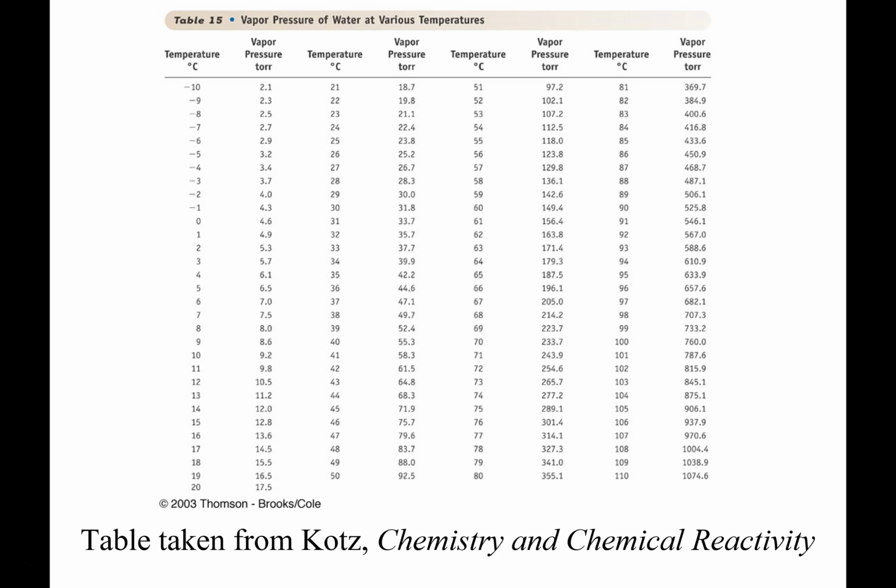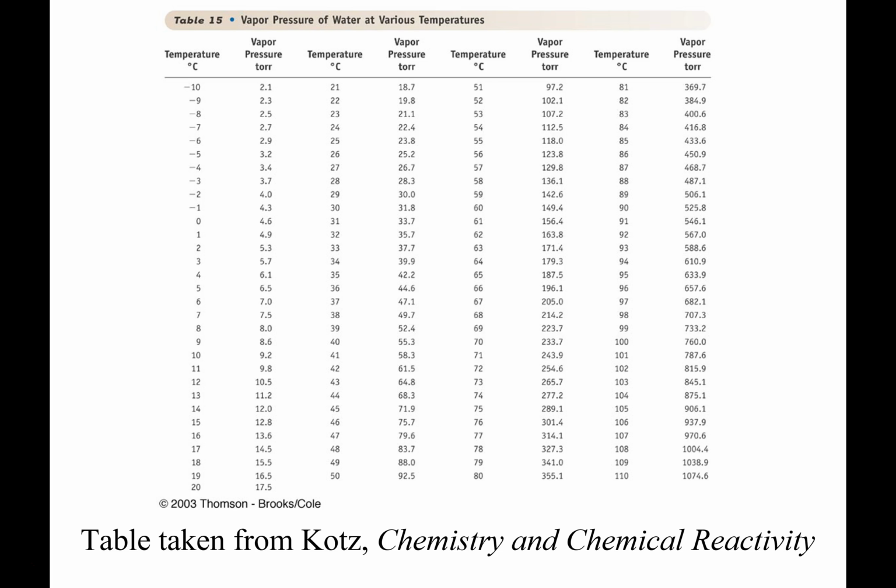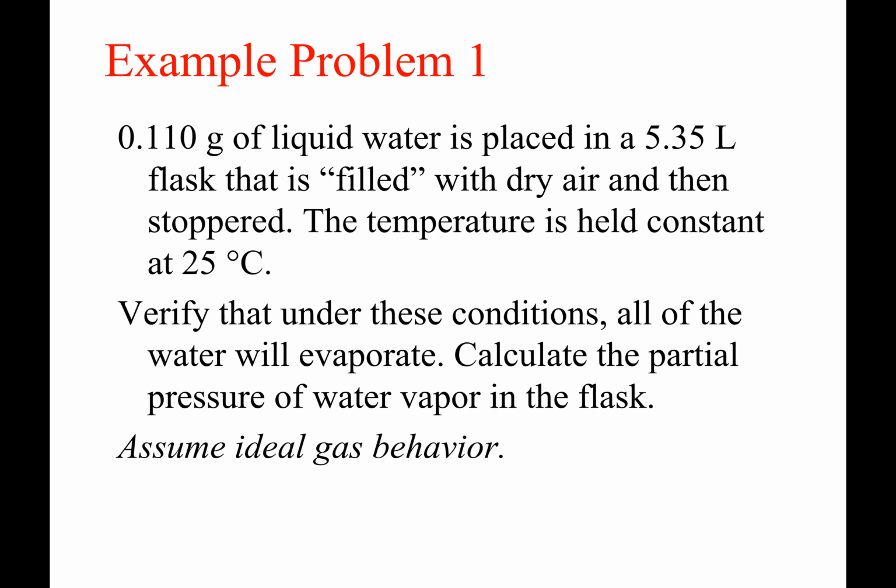This is just another table, and I didn't take the time to look at why it's so different, but this one goes to 110, and this one goes to 100. This one's in units of 2, and this is in units of 1. Just in case you need it. So we'll take a look at this problem. I have 2 problems.